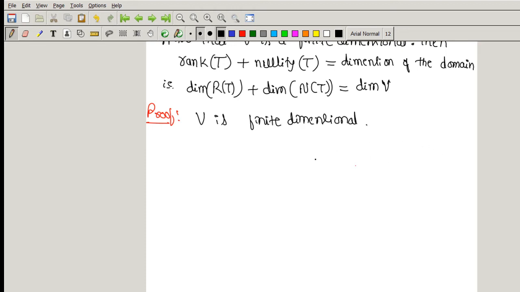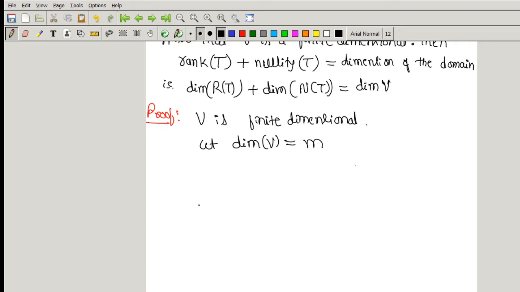So let the dimension of V be equal to some m, which is finite.